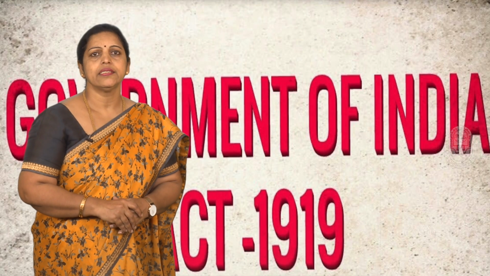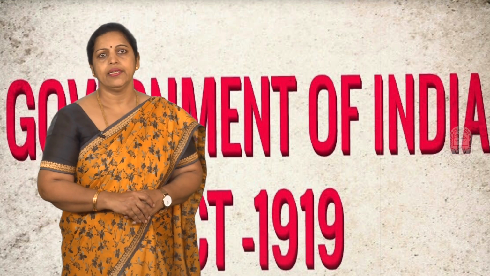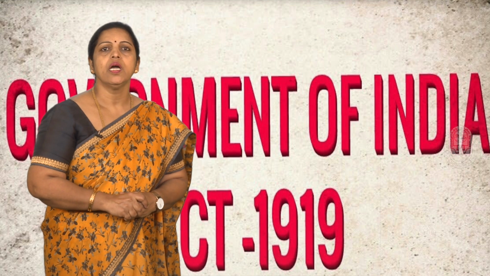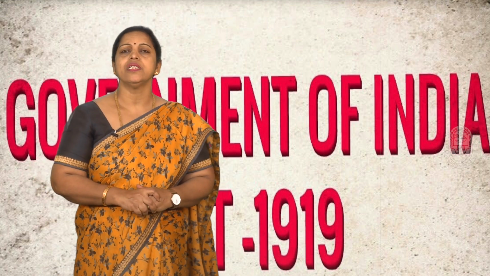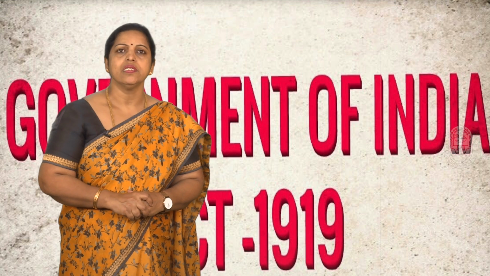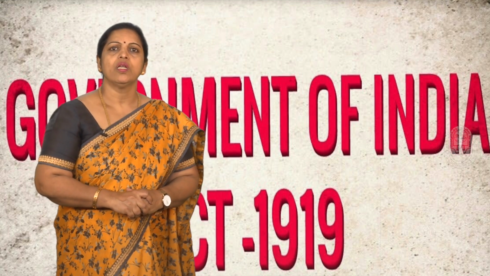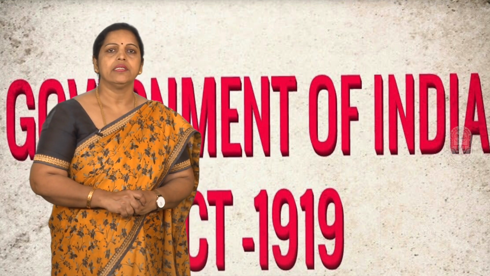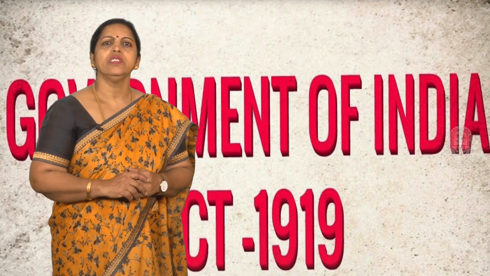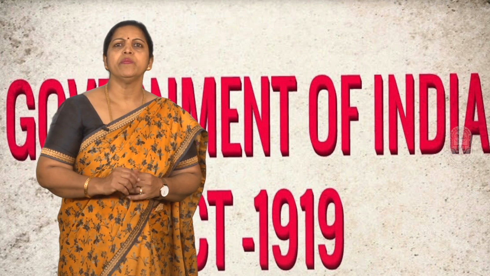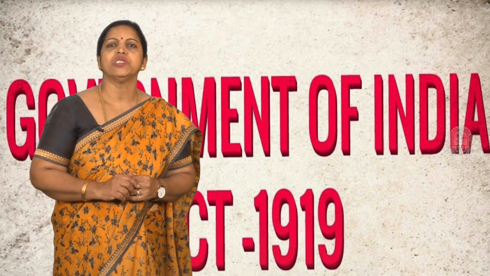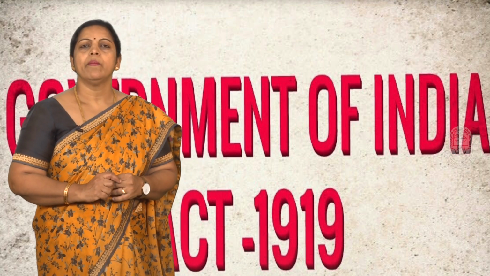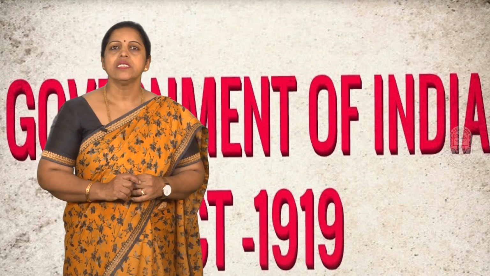The next characteristic feature of the 1919 enactment is relaxation of central control over the provinces. This relaxation of central control over the provinces was not only in administrative but also in legislative as well as financial matters. This devolution of power to the provinces should not be mistaken for a federal distribution of powers, but the provinces got the power by way of delegation from the center.